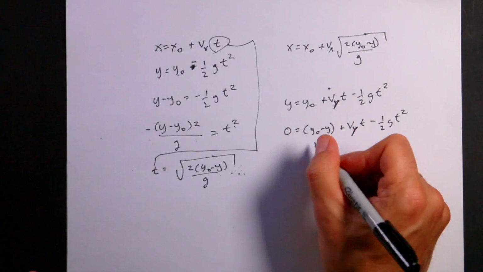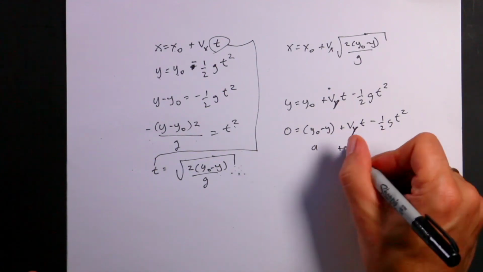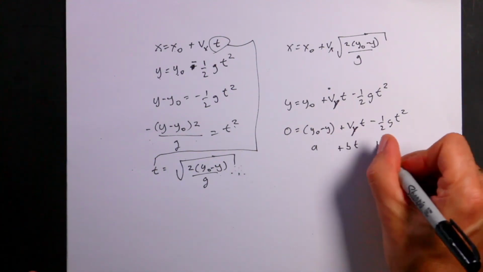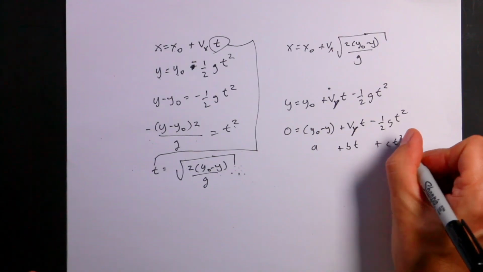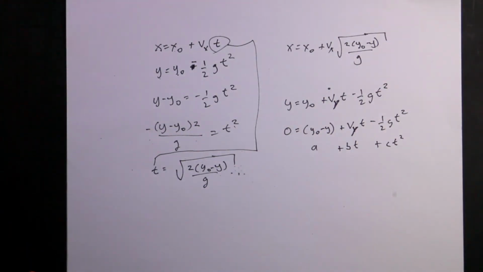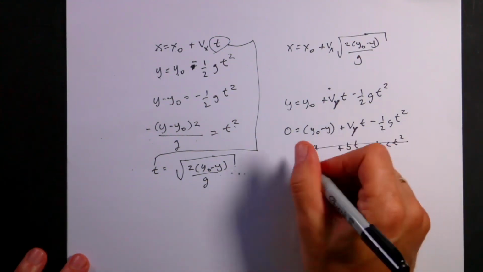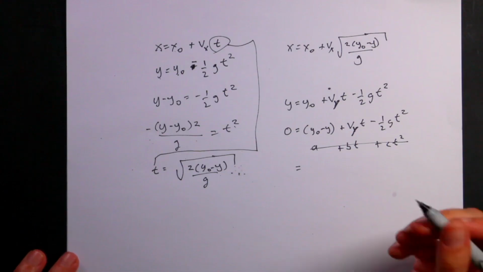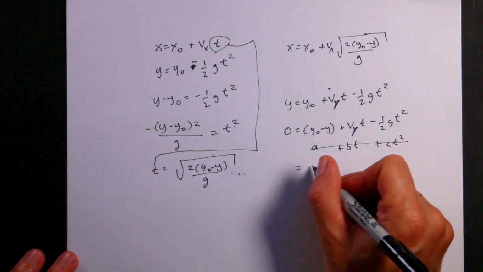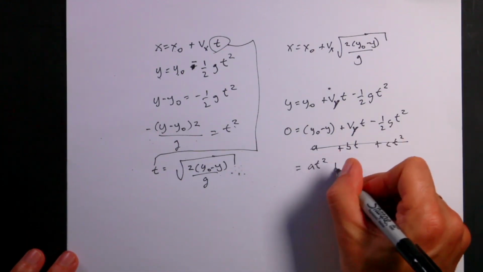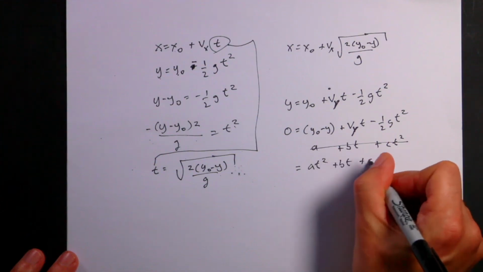So now I have a constant plus b times t plus c times t squared. Is that right? No, it's the other way. I just blanked out for a second there. So this is a t squared plus bt plus c.